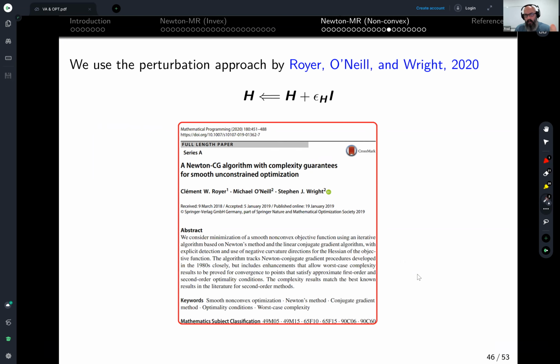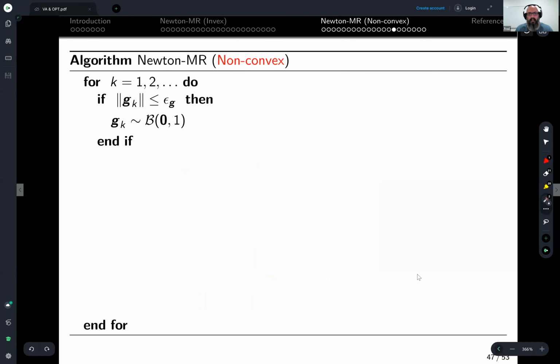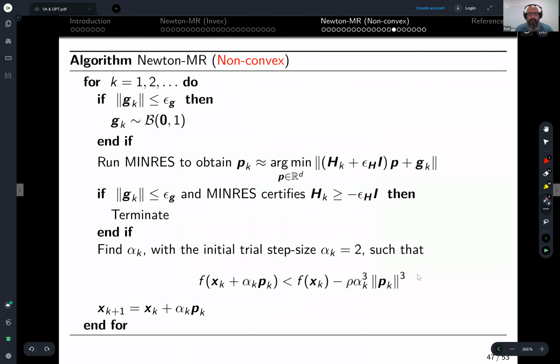Again, I'm just going to skip a couple of things. We use an approach by Steve Wright and his colleagues that's very brilliant. Actually, they perturb the Hessian a little bit. I'm not going to be able to get into that. I'm just going to show you the algorithm.